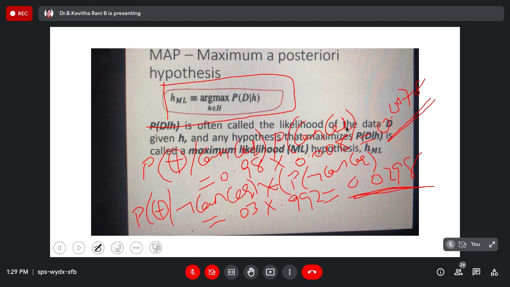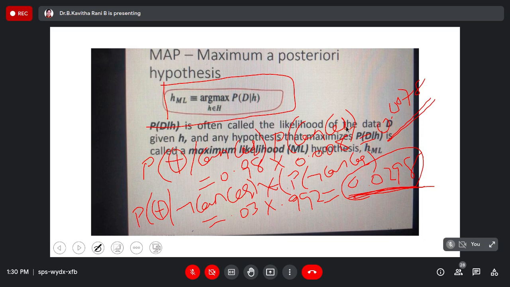So the patient is diagnosed as positive but actually he doesn't have cancer. So here what is happening, the lab test has given a wrong result. Here we have the highest value, so we will be considering this value. So the patient does not have cancer.